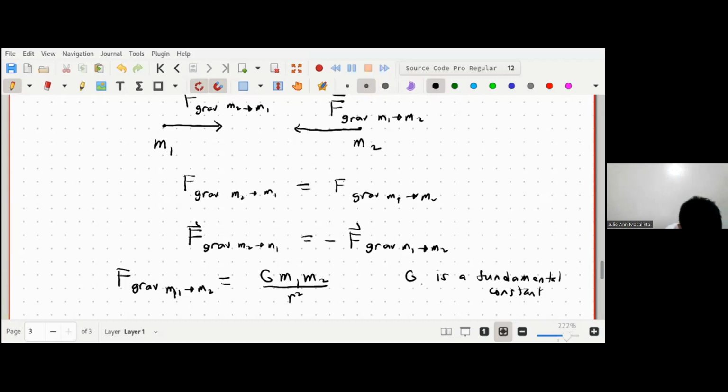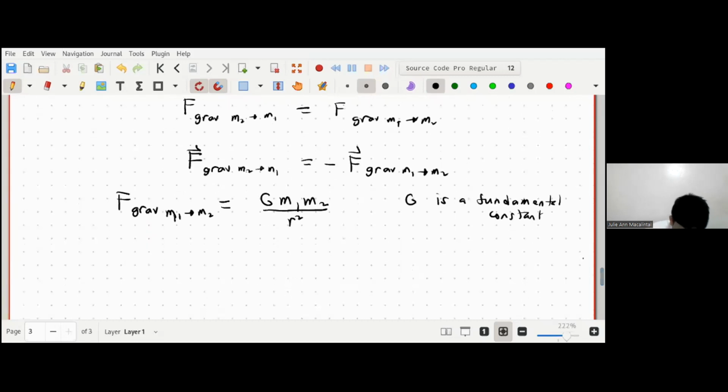Ang ginagawa ko niyan ay shift 7, tapos 1, tapos hahanapin ko yung G. Sa constants. So, G is equal to 6.67384 times 10 to the negative 11.